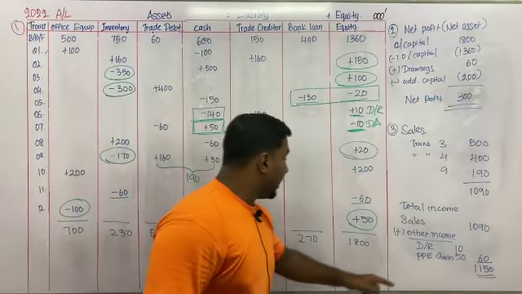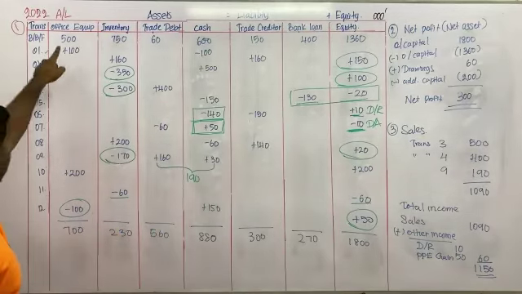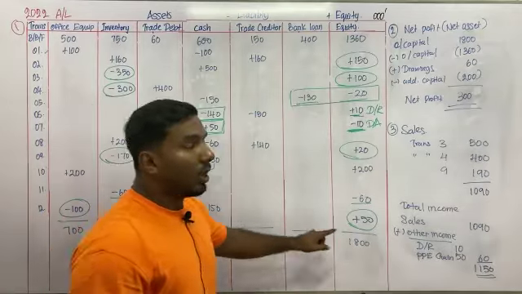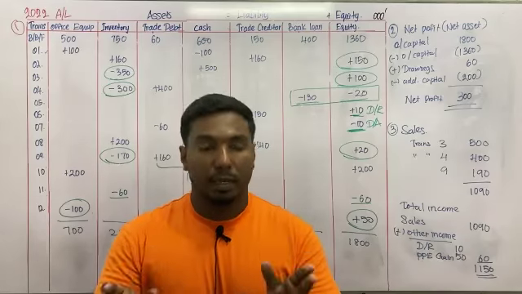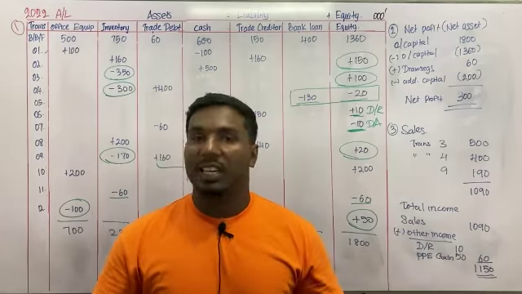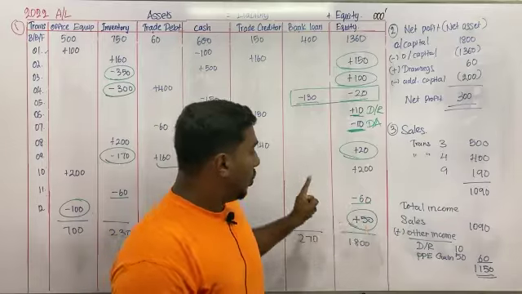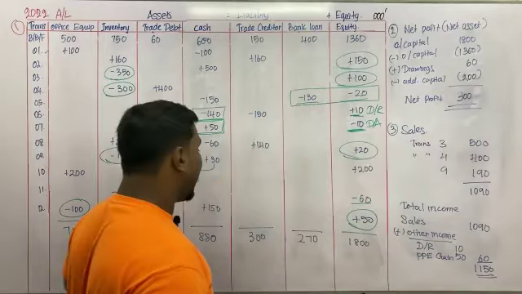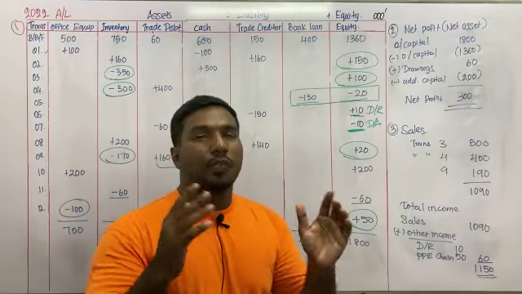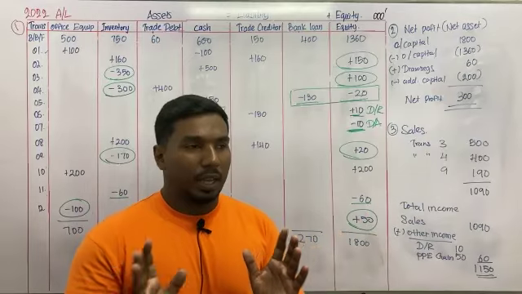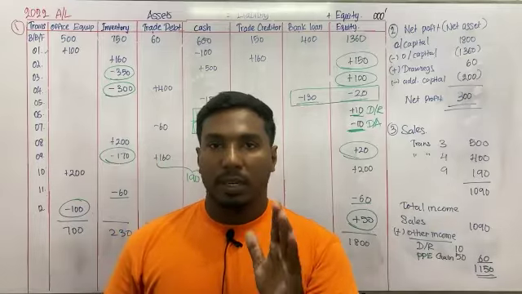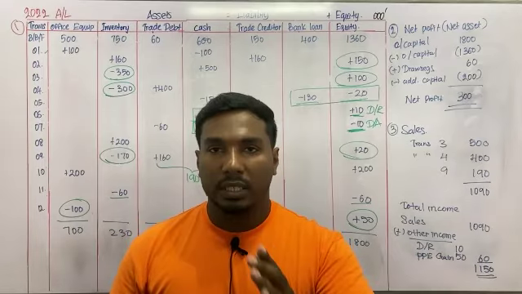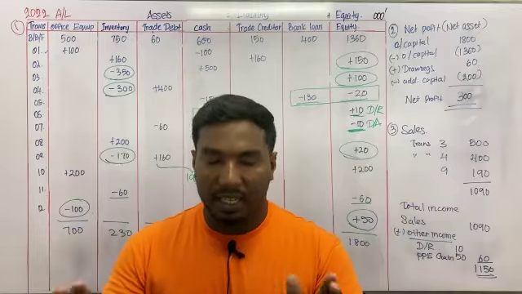Please remember, the PPE sales, the property plant and equipment, the office equipment sale won't be considered as sales income. Please note that. So in transaction number 12, office equipment sale is not considered as a sales income.